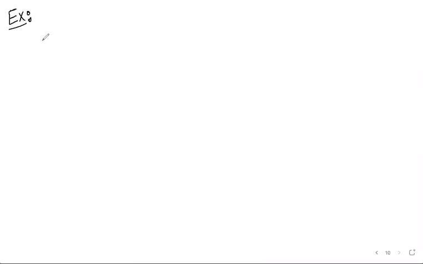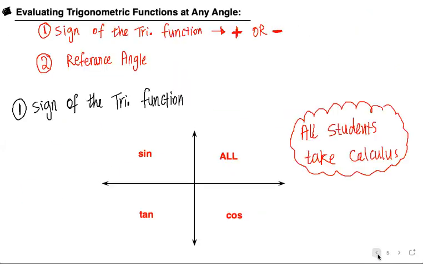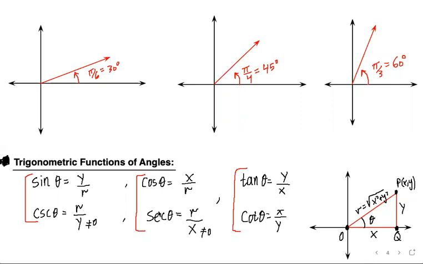So the question is, find the secant of minus pi over 4. What is the secant function? The reciprocal of which function?